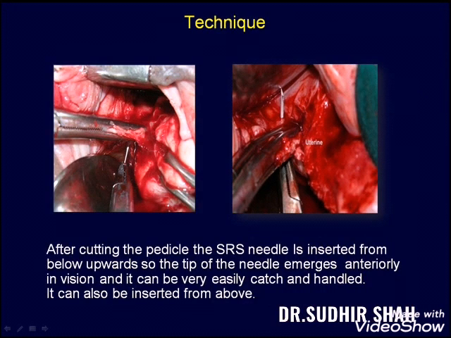The technique is, after cutting the pedicle, the SRS or short straight needle is inserted from below upwards so the tip of the needle emerges anteriorly in vision, and it can be very easily caught and handled. It can also be inserted from above to below. This step is very convenient and fast.